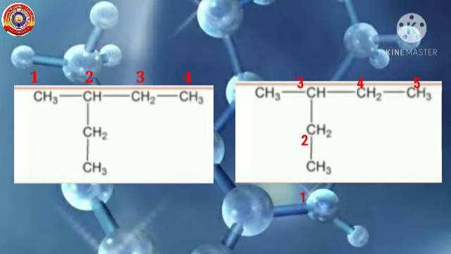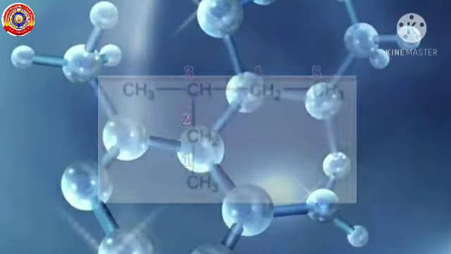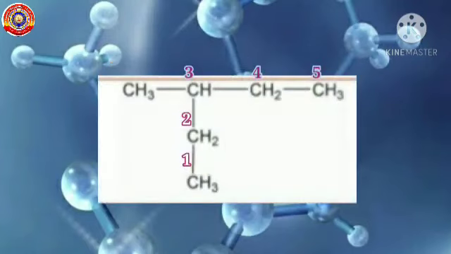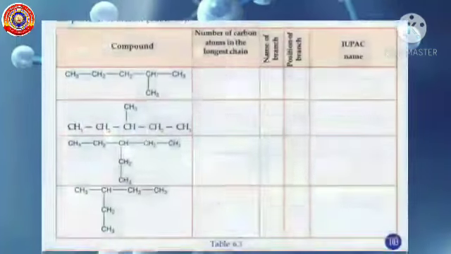So children, always remember, the chain that carries the maximum number of carbon atoms is considered as the longest chain. So what is the alkyl branch coming here? It is methyl, right? And what is the position number? Very good. It is 3. So what is the IUPAC name of this compound? It is 3-methylpentane. Got it?